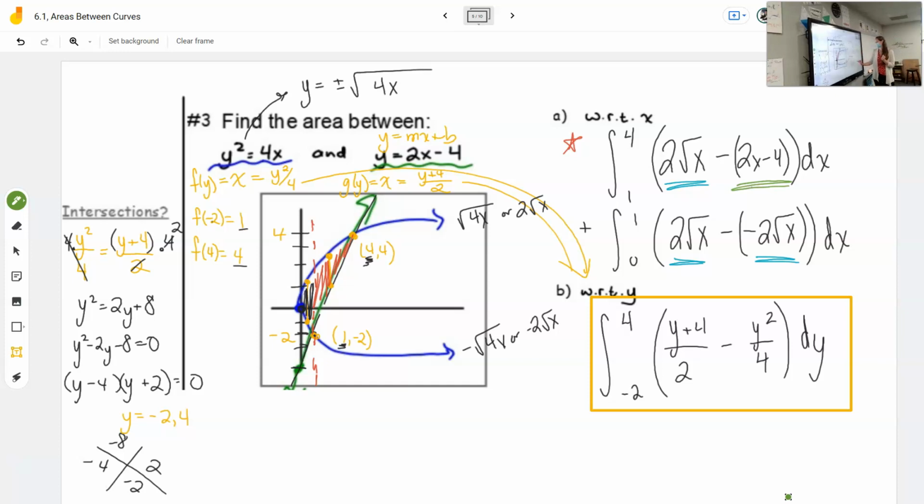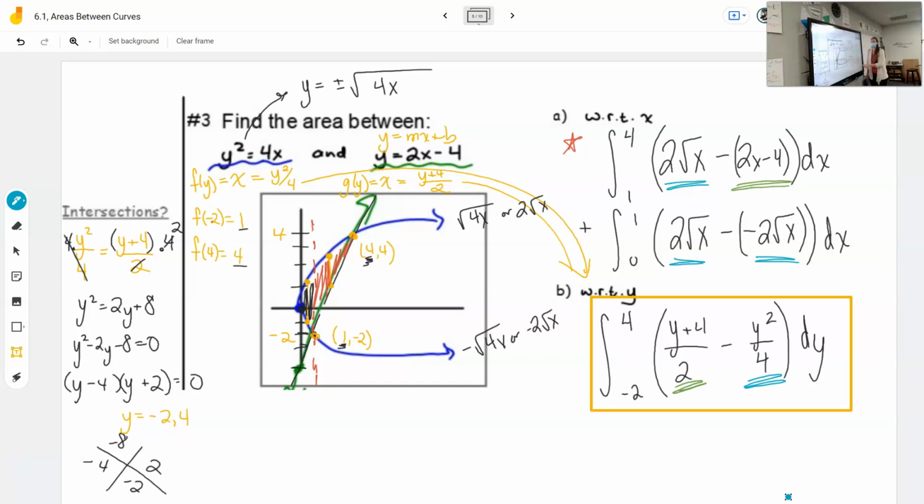Whereas this one is because it's all in how you're looking at it. If you're looking at it in terms of y, I'm looking across. And looking across, I always have a solid right boundary and a solid left boundary because in terms of y, I can have the whole parabola.